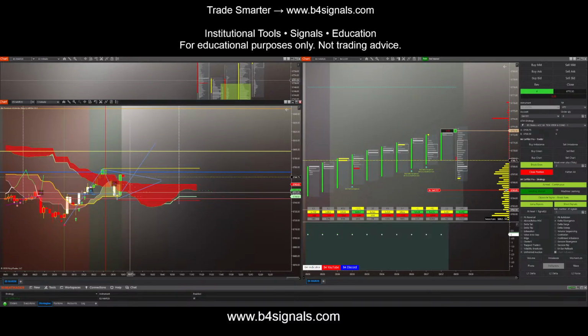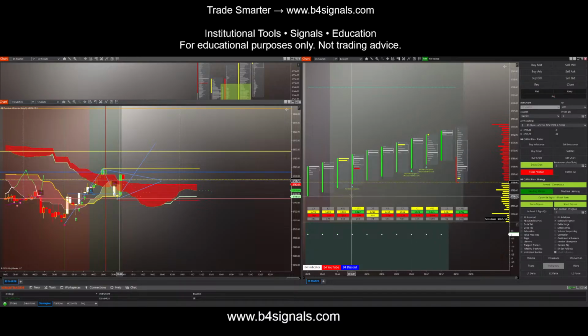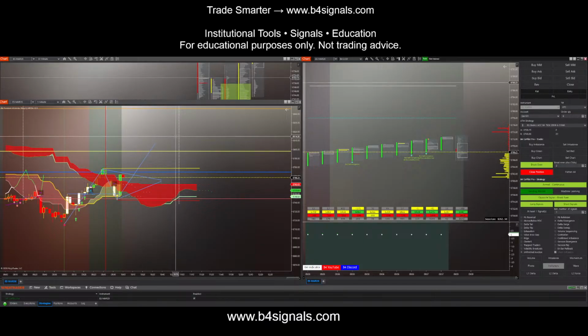This could start wedging in here and trip a lot of people up, including me. Look, I'm in a bad position right here. I need to be guarding it. Stub filled. Instead of talking. This could start wedging in here and then finally break whenever the TK cloud gets above or below the Kumo.